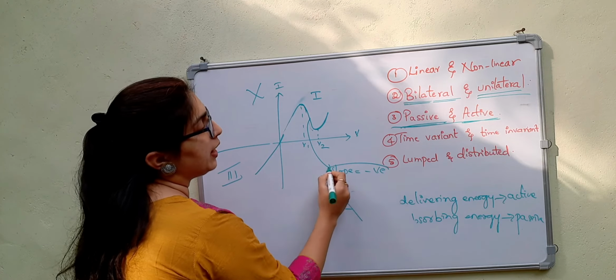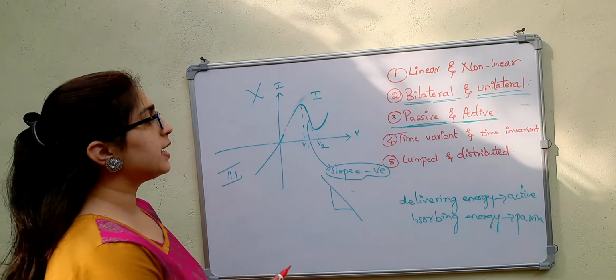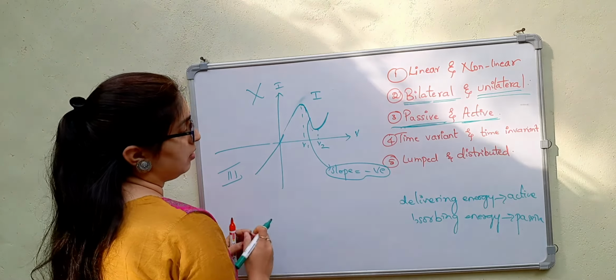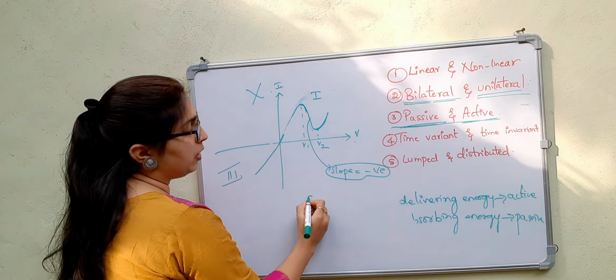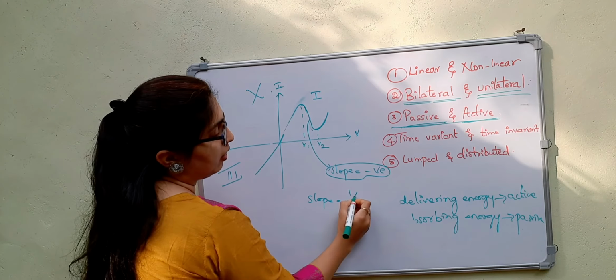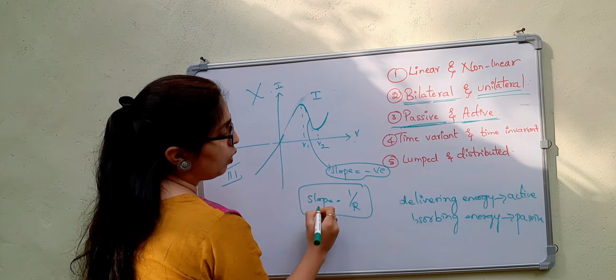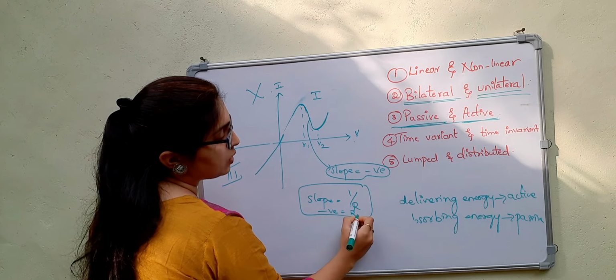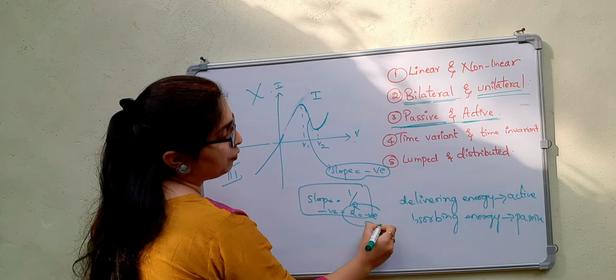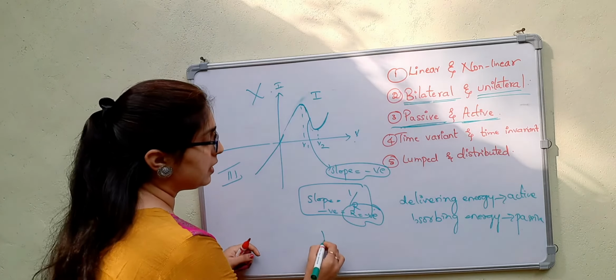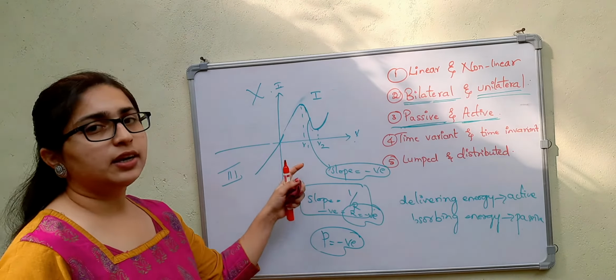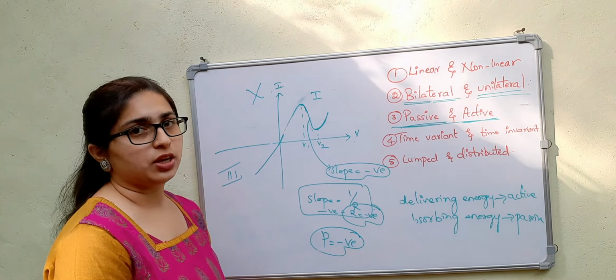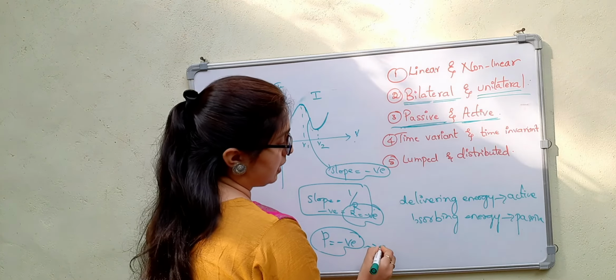In the IV plane, slope is equal to 1 by R. If slope is negative, the resistance is also negative. If resistance is negative, power is negative. That means this tunnel diode is supplying energy.